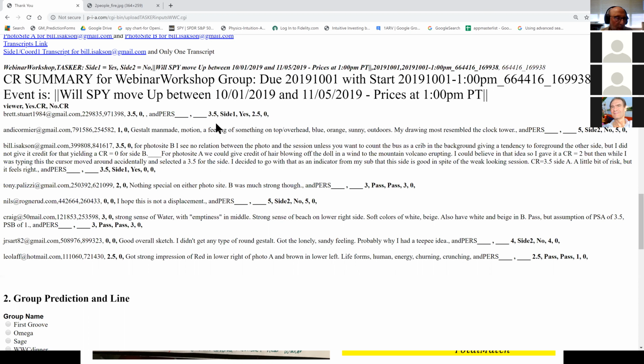But okay, so Bill is a side 1. Tony is a pass. Niles is a side 2. Craig is also a no. Side 2. And Leo, yeah, there's your 2.5, is a pass.